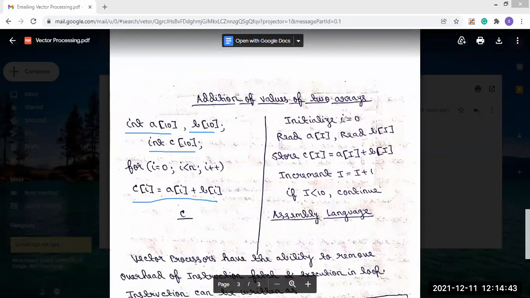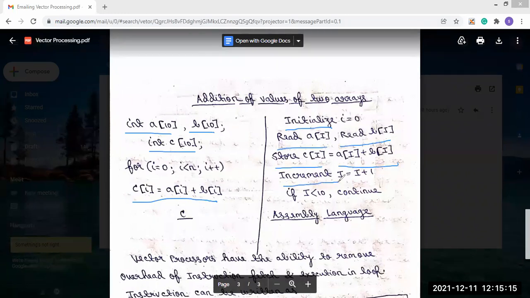But if we do it in assembly language, then we have to write like this: initialize I equal to 0, then read A[I] and read B[I]. So we read the arrays, and then we store C[I] equal to A[I] plus B[I]. This means the two arrays A[I] and B[I] are added and stored into C[I].